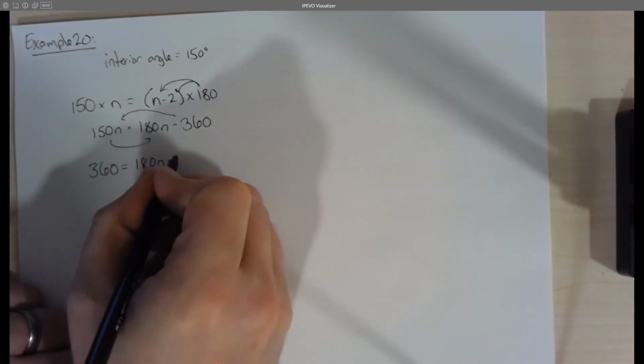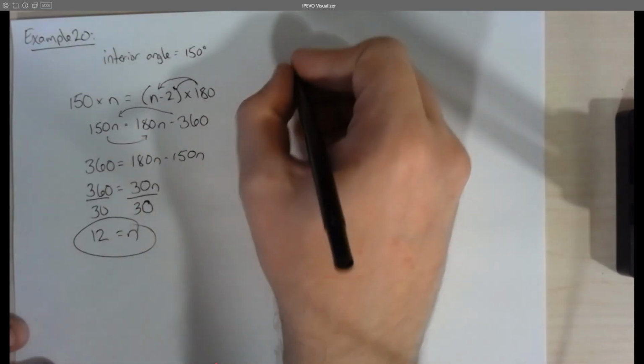So 360 equals 180n minus 150n, or 360 equals 30n. Divide by 30, divide by 30, and I figure out that n equals 360 divided by 30, which is a 12-sided shape. That's one way of solving that. I would probably say that's the more complicated way of doing it.